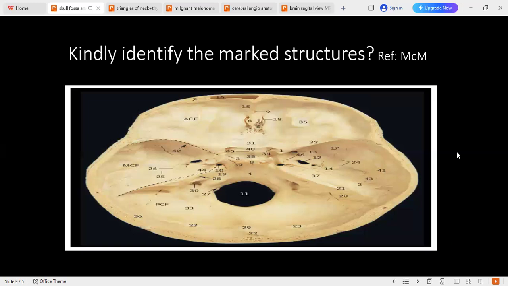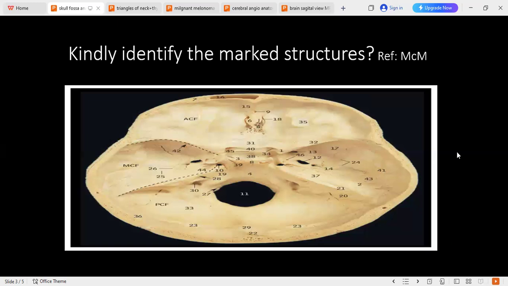What are the contents of the middle cranial fossa? It is the temporal and parietal lobe of the brain. No, just the temporal lobe. Okay. Can you identify the trigeminal impression? It is near 44. Number 44 here.